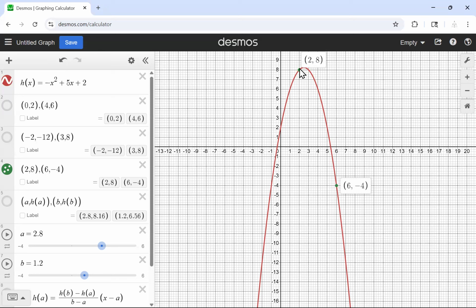And obviously we were decreasing on average going from 2, 8 to 6, -4. So that's why we got a -3. So decreasing on average corresponds to negative average rates of change. Increasing on average corresponds to positive average rates of change.